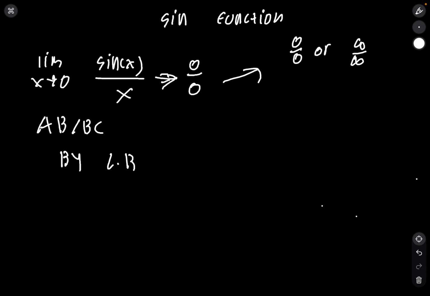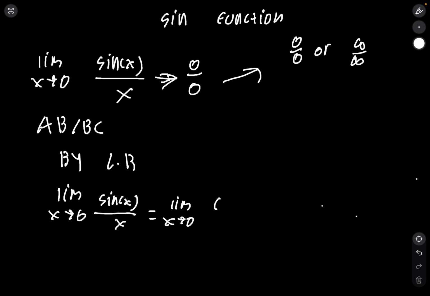But essentially, you write by L'Hopital's rule, this is just shorthand, the limit as x approaches 0 of sine of x over x is equal to the limit as x approaches 0, the derivative of sine x is cosine x over the derivative of x, which is 1. Once we plug everything in, we get an actual answer of 1. And this is the way how we go from an indeterminate illegal answer of 0 over 0 to an actual answer of 1.